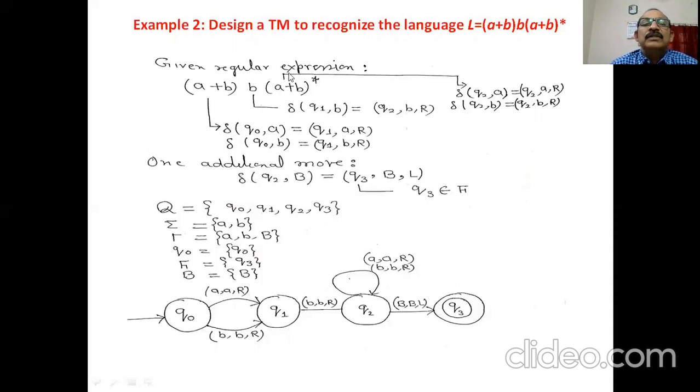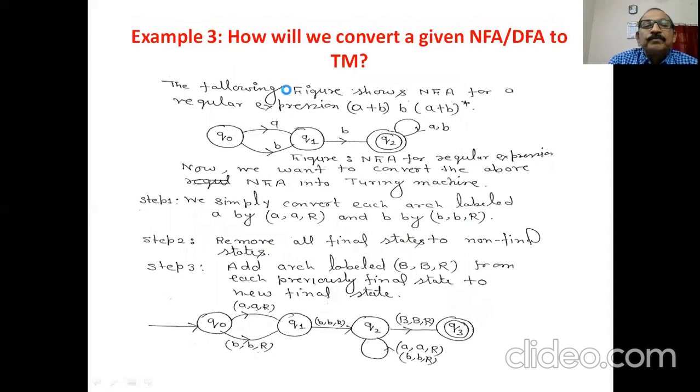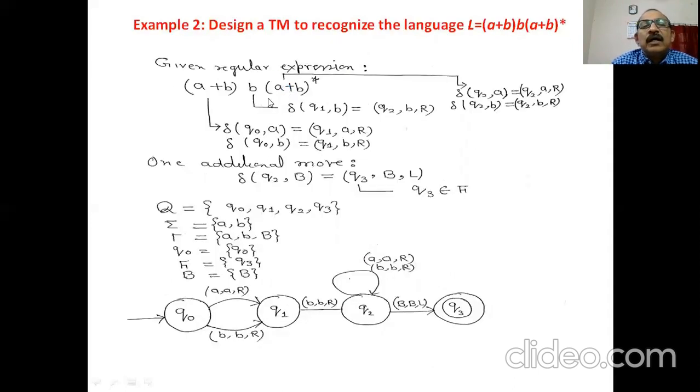Now, how will you design a transition function for this part of the regular expression? Here you can see any combination of A or B. So how we'll do it is, now machine in state Q2, if it reads A, it remains in the same state, replaces this A by A and moves in the right direction.